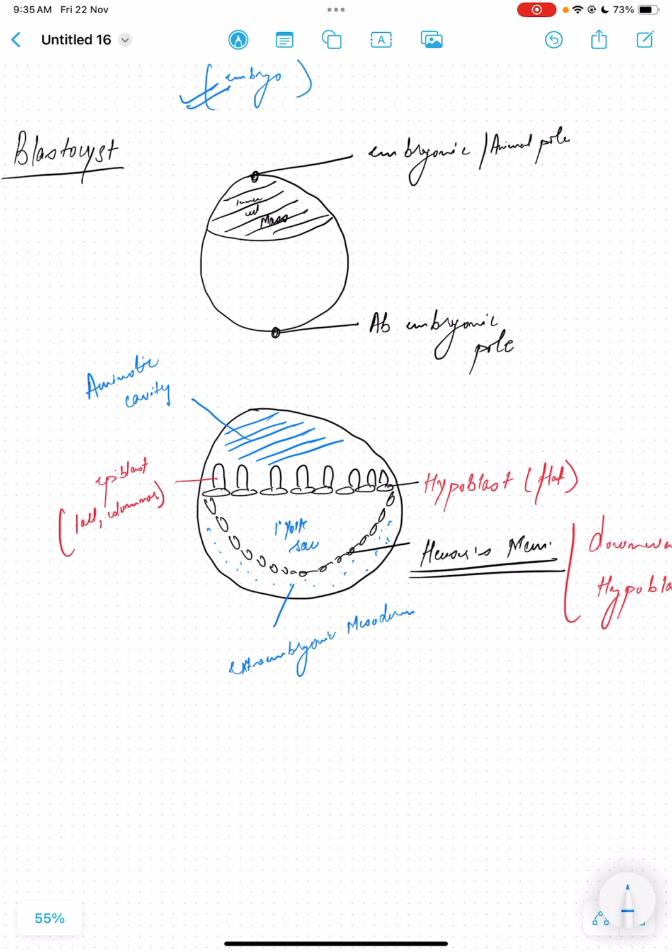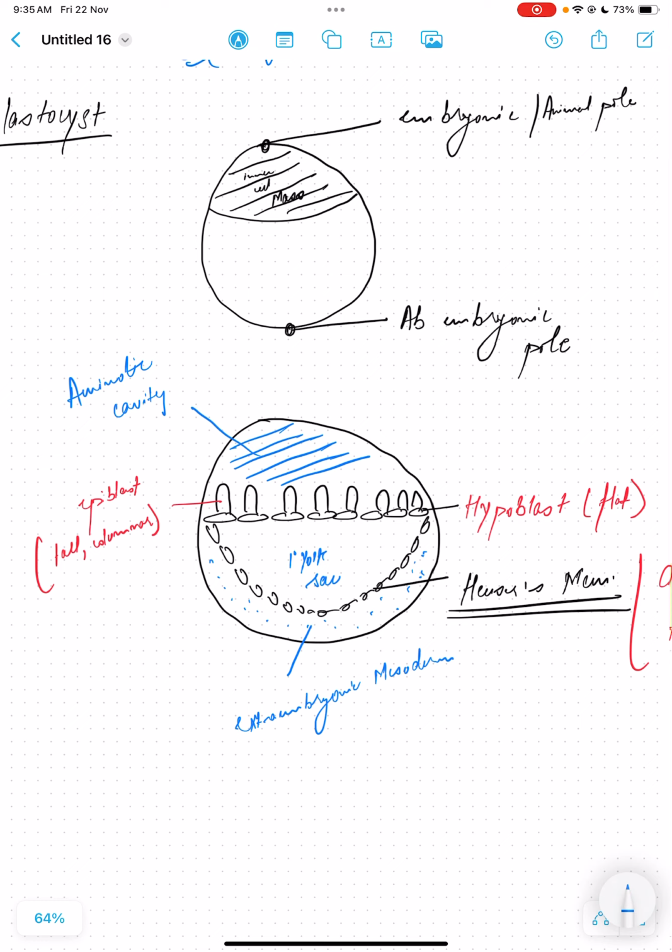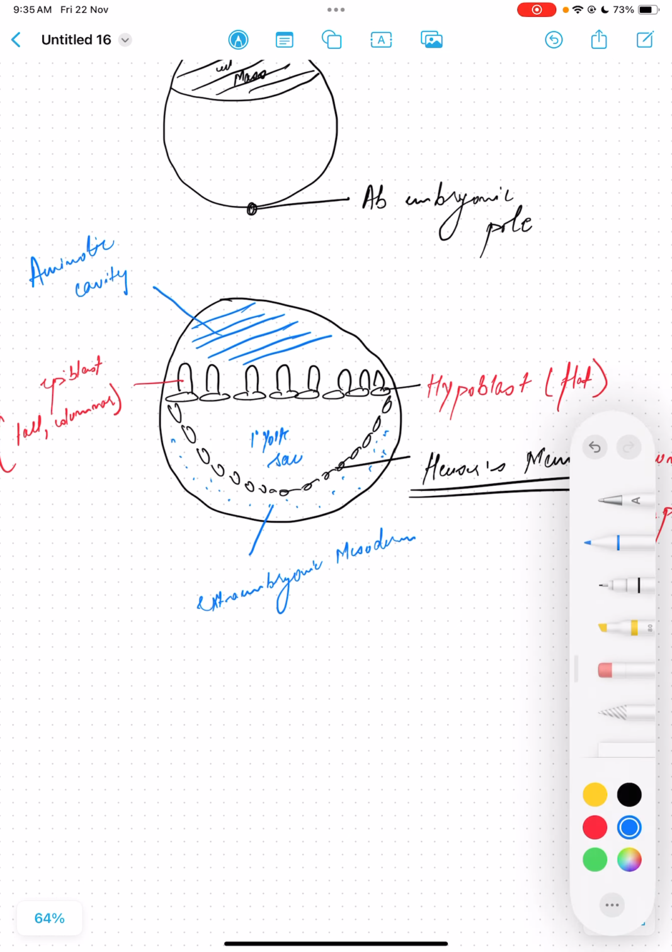Above the epiblast cells we have a space called amniotic cavity. Inside the Heuser's membrane is the primary yolk sac, and outside of it is the extra embryonic mesoderm.